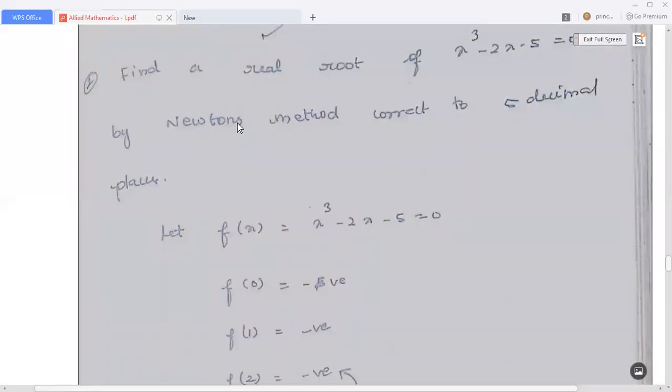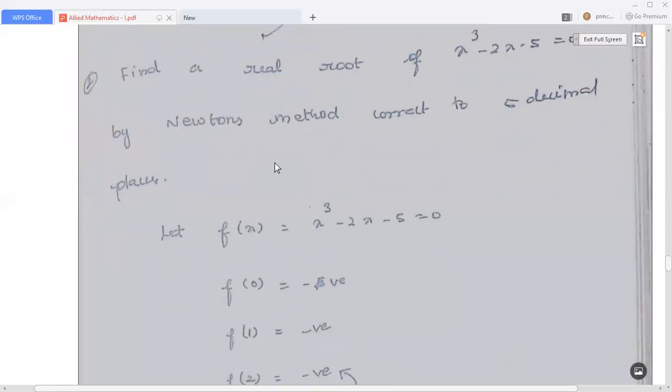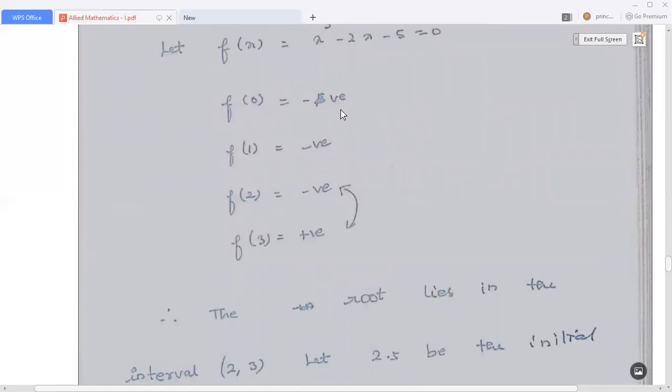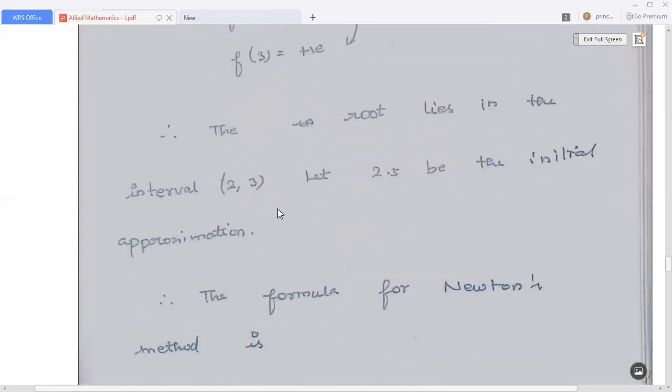Next problem, find a real root of x cube minus 2x minus 5 equal to 0 by Newton's method correct to 5 decimal places. So first you take f of x equal to x cube minus 2x minus 5 equal to 0. Here f of 0 is negative, f of 1 is negative, f of 2 is negative, f of 3 is positive. Therefore, the root lies in the interval 2, 3.